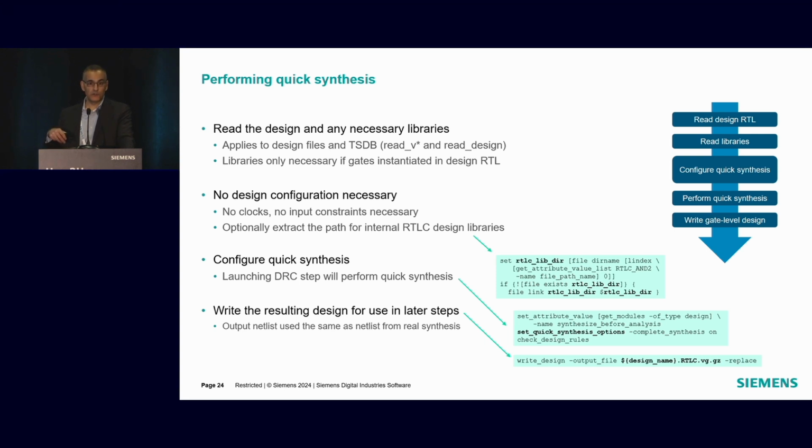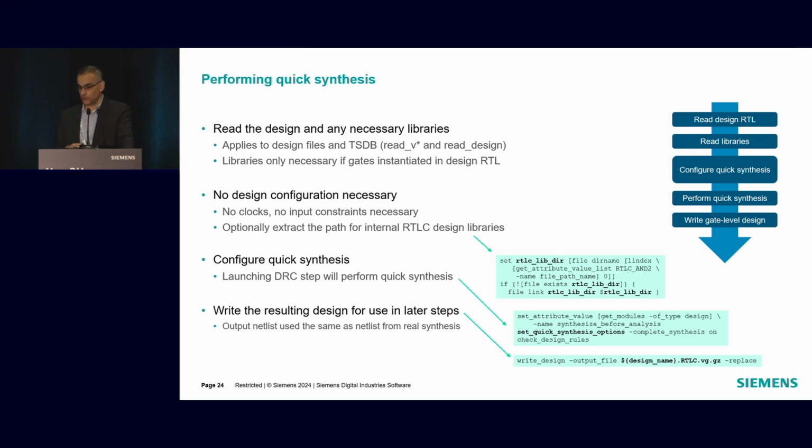Normally, you don't need the libraries because there's a set of RTLC libraries in the tree that you have. So you already have all the cell libraries needed for quick synthesis, unless you have some custom library cells implemented at RTL, then of course you have to read those in. You tell the tool to run quick synthesis and you get a synthesized version.